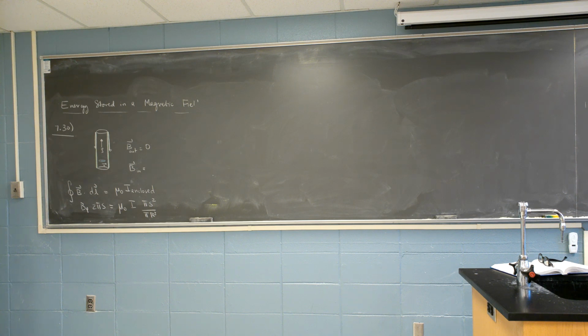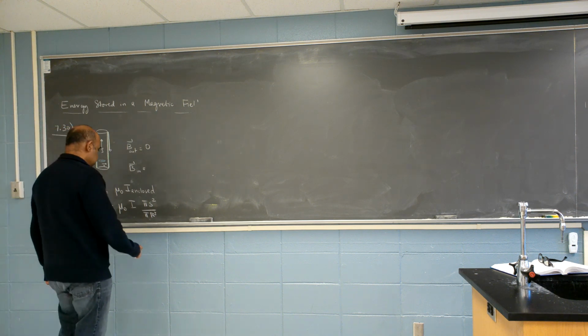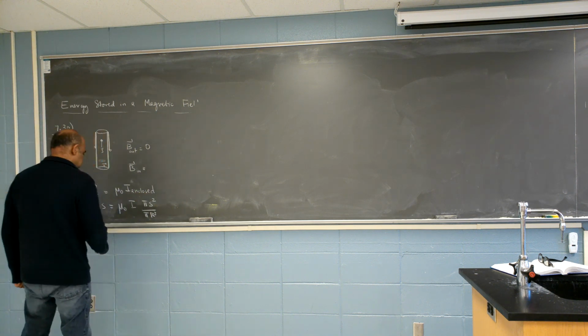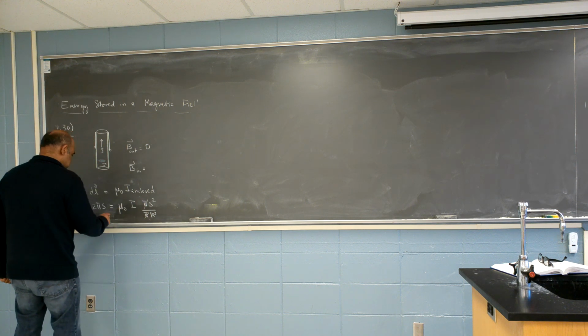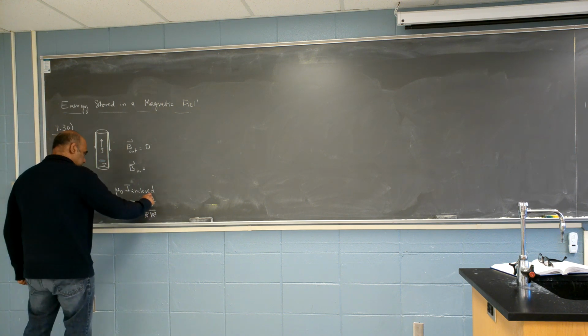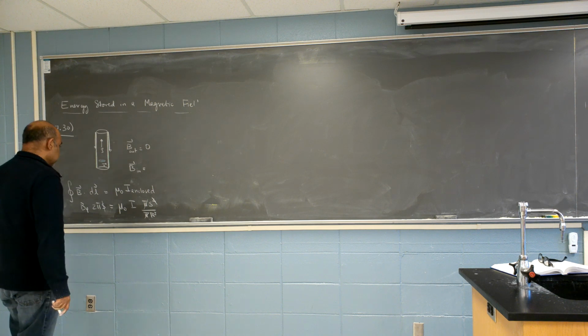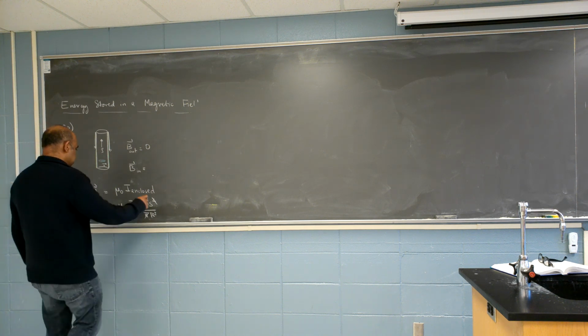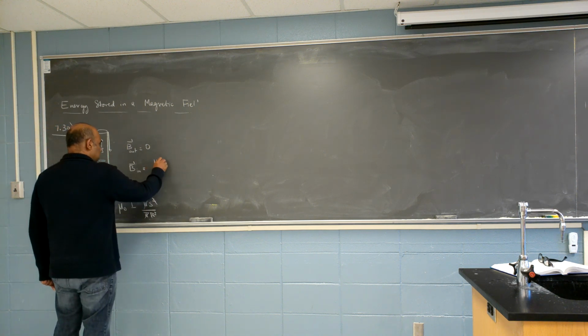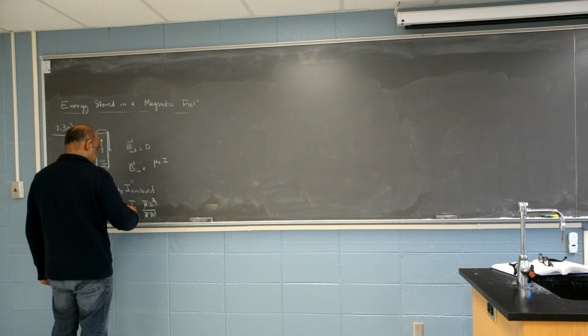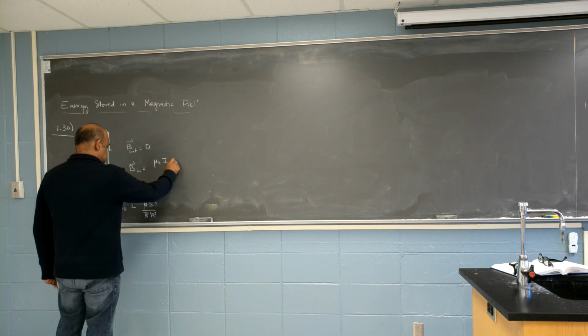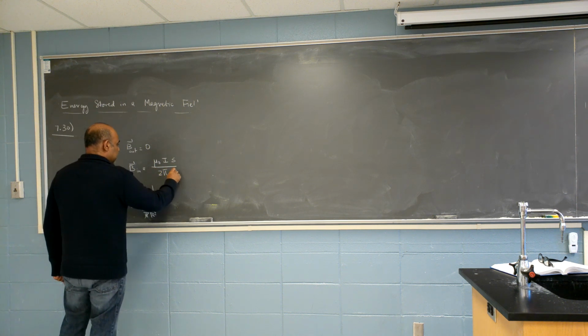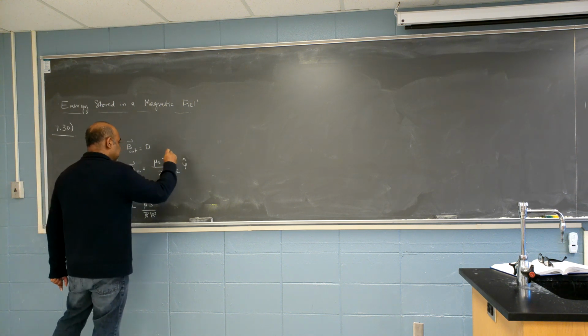And so tell me what, so this will go away. This s will give me 1 over s. So B inside is mu 0 I s over 2 pi r squared phi hat.